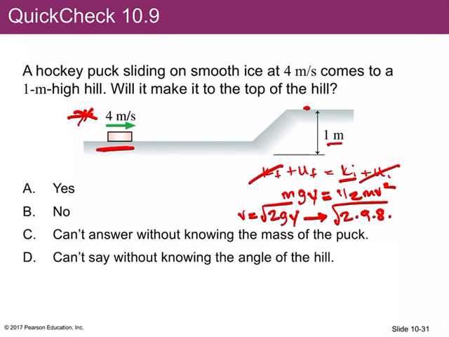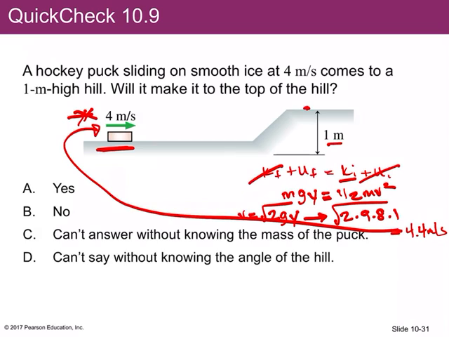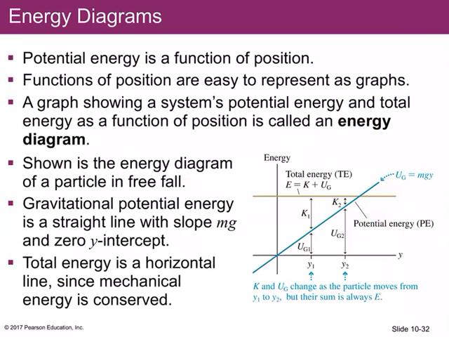So the square root of 2 times 9.8 times 1. And if you do that on your calculator with me, you should get 4.4 meters per second. So is that 4 meters per second going to make it? No, it is not. It barely does not, right? It'd probably make it pretty close and then it would slide back down.